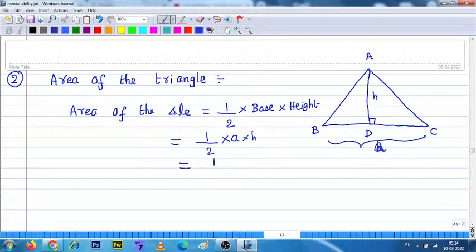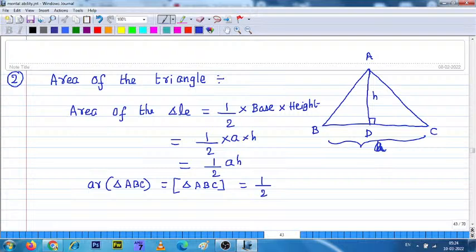We can write area as half times a h. In some textbooks the area of triangle ABC may be written like this: area of triangle ABC is equal to half a h. So this is the area of the triangle. It can be evaluated for even an acute angle triangle, obtuse angle triangle, even an equilateral triangle also. Okay, next one, let us move to other special cases which we'll discuss later.